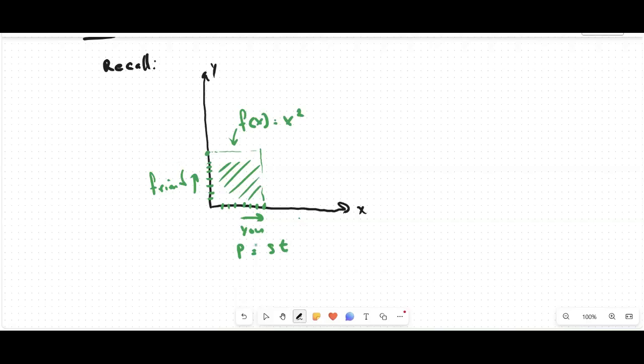Your friend is also moving at s times t on the y-axis. If s is 1, maybe you're moving at 1 foot per second. If s is 3, 3 feet per second. If s is 0, you're not moving at all.